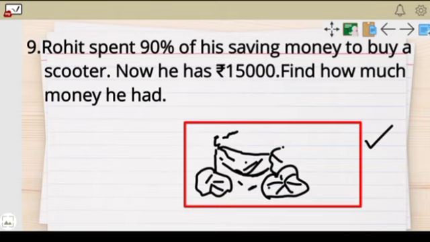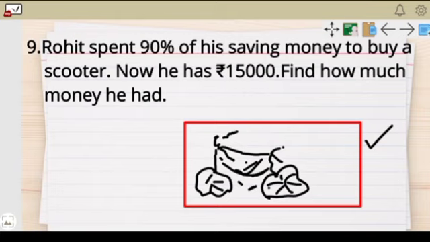Rohit spent 90% of his saving money to buy scooter. Now we have seen the scooter here. This scooter had been bought with how much? Rupees 15,000. After buying this scooter, what happened? We're gonna find, after buying this scooter, he has rupees 15,000. The question is telling you to find how much money he had before buying the scooter.